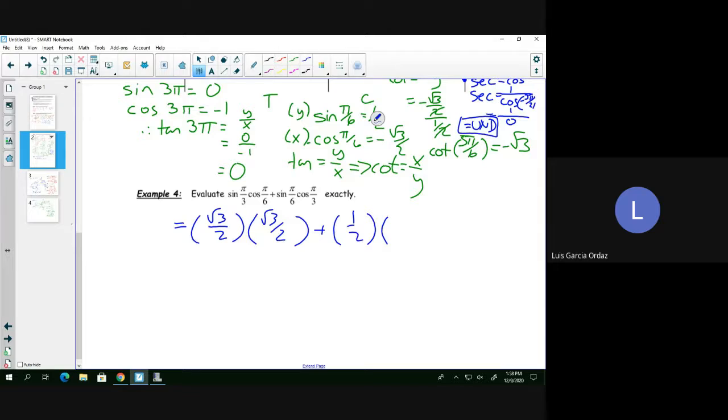It's going to be the same thing. So we're just going to multiply. So root 3 times root 3 just gives us 3. 2 times 2 gives us 4 plus 1 over 4. And when we simplify that, what do we get? One.